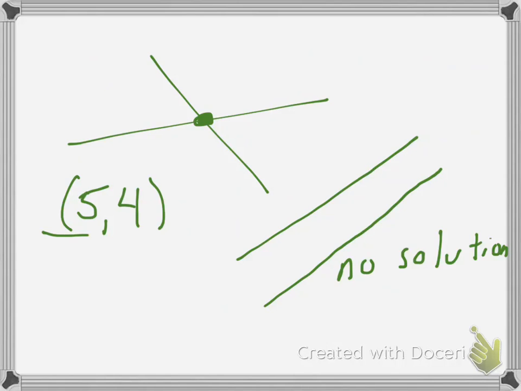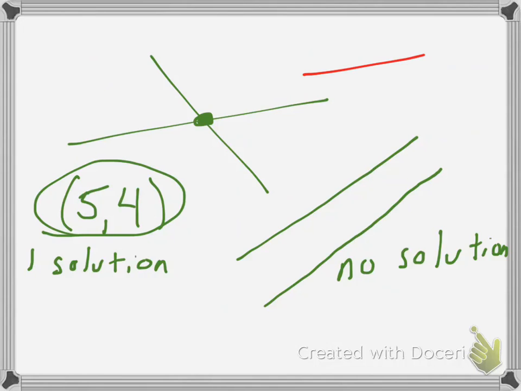If you have an answer, a solution, that's one solution. And sometimes in a system of equations, they will give you a line, and then the second line is the first line.